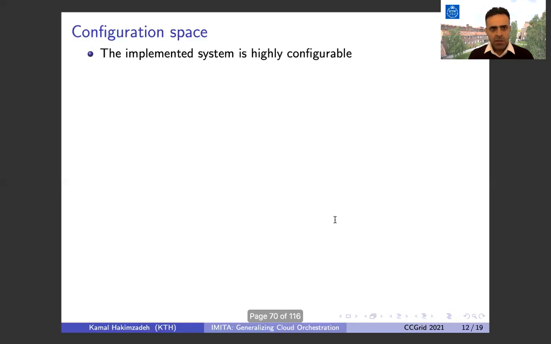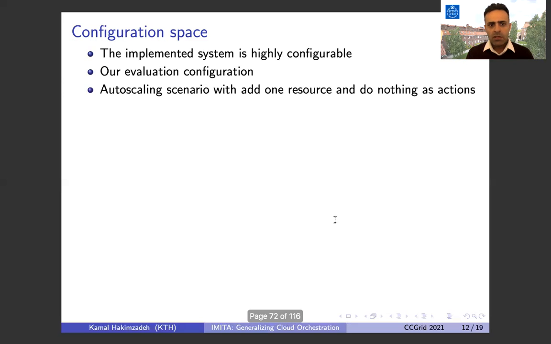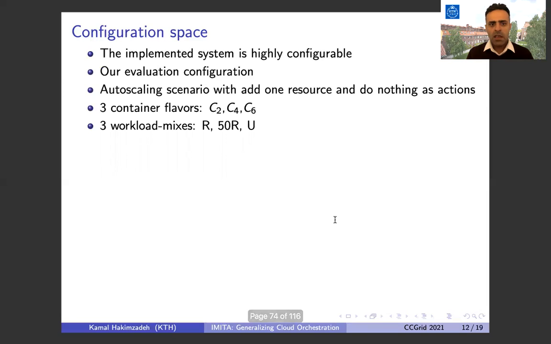What is the configuration space? The implemented system is highly configurable because we can use different types of applications and give them different amounts of resources. For our evaluation, we choose the auto scaling scenario with 'add one resource' and 'do nothing' actions, or class labels. We have 3 container flavors, 2 CPUs, 4 CPUs, and 6 CPUs, and 3 workload mixes: 100% read, 100% update, or a 50-50 mix of these.